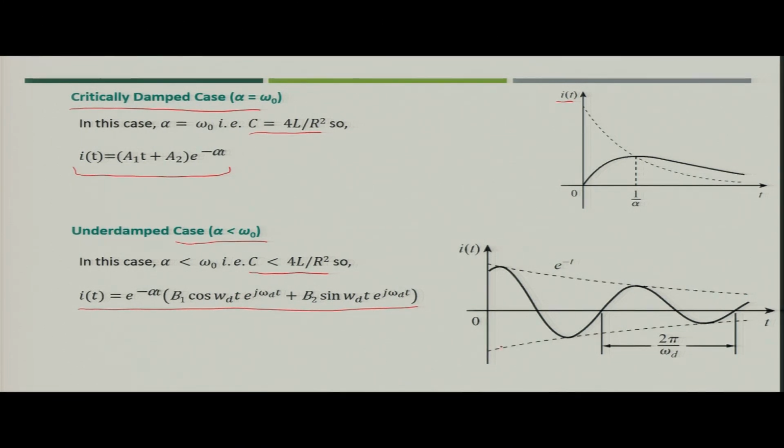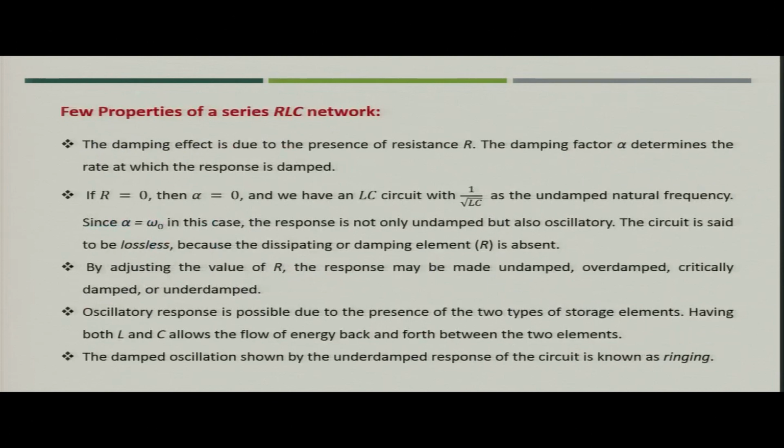When we plot the variation of current i with respect to time, it was exponentially decaying as well as oscillatory, because of the sinusoidal components, and the time period was 2 pi by omega d. It was decaying because of the exponential component. This is what we discussed in the last class.